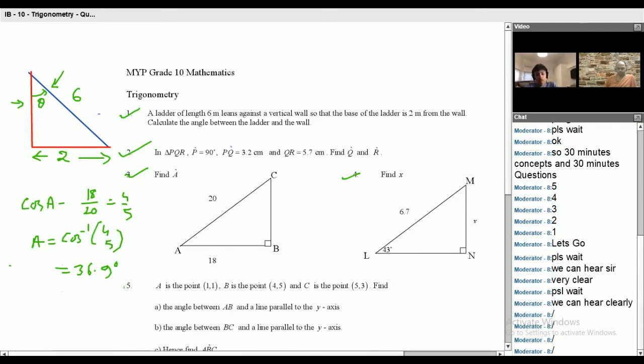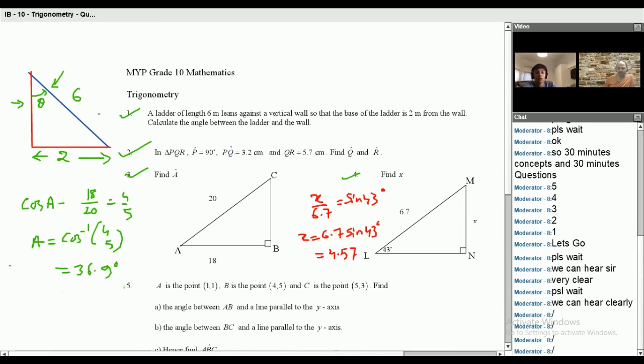So 6.7 times sine 43. This is 4.57. So that is going to be 4.57.